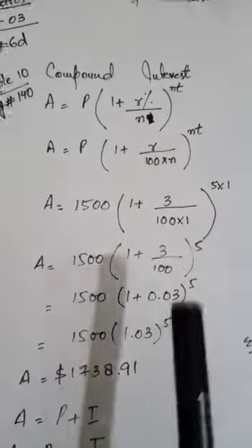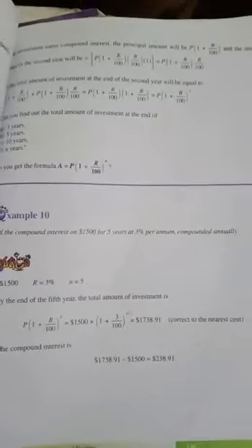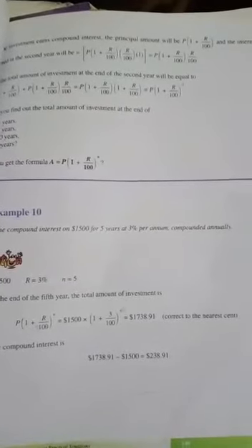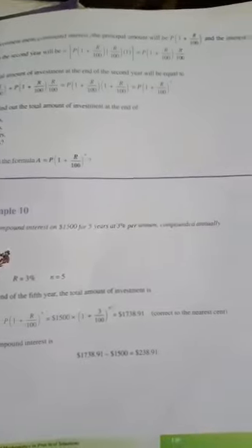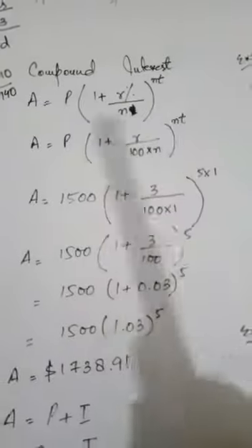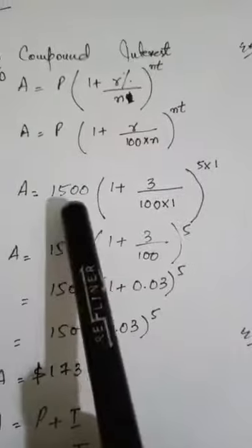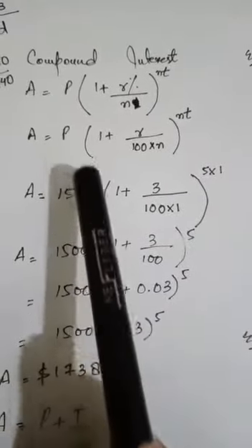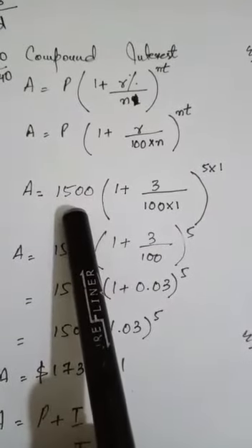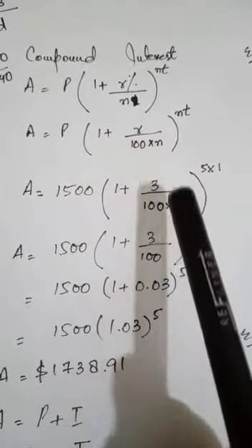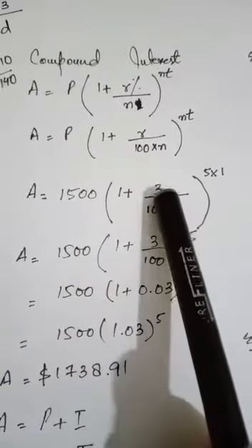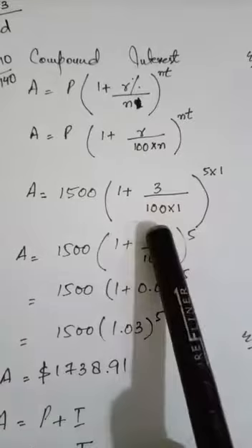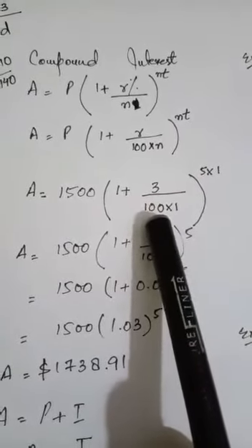Okay, so in this example number 10, we had to find the compound interest on 1500 for 5 years at 3% per annum compounded annually. Annually means once in a year. So here we substituted P value as 1500. The rate was given 3%, and when we remove the percentage sign we divide by 100, so that's why in the denominator we have 100.